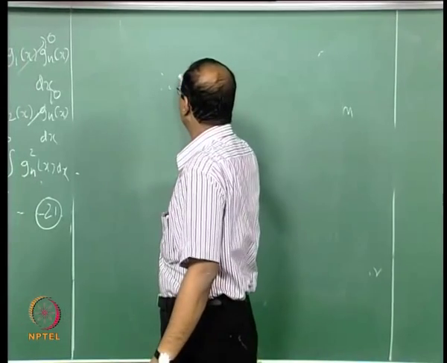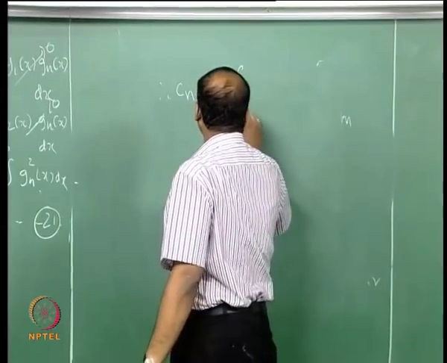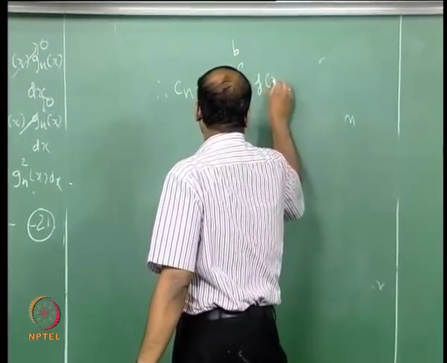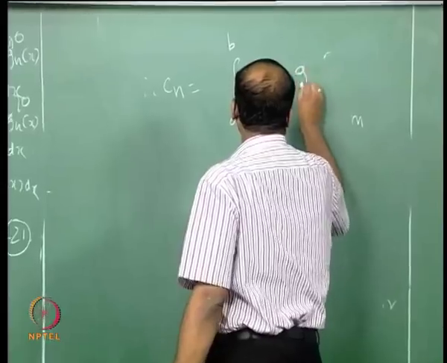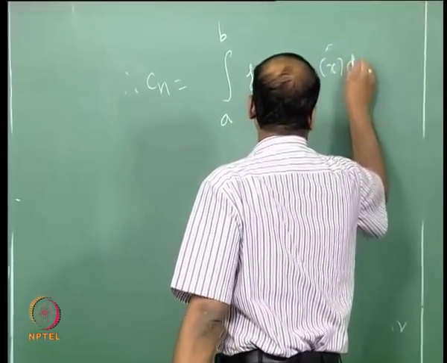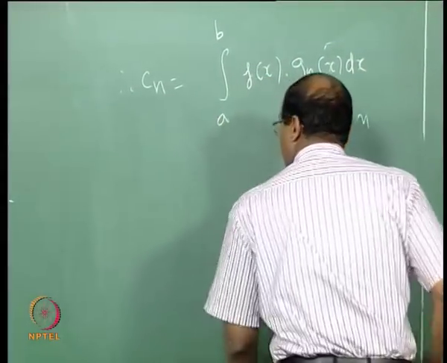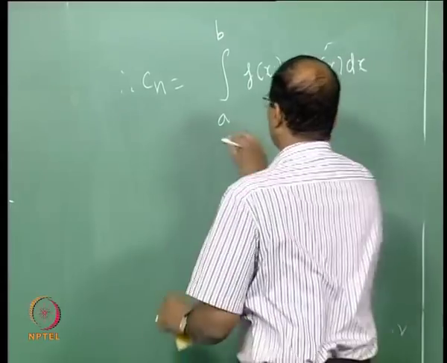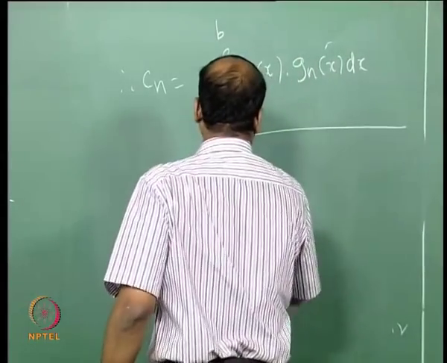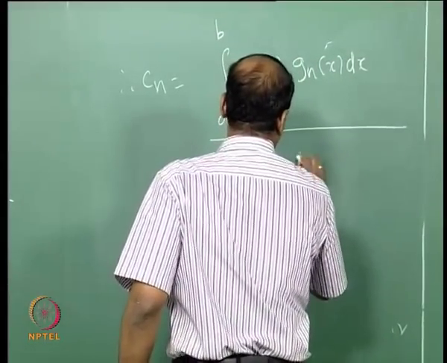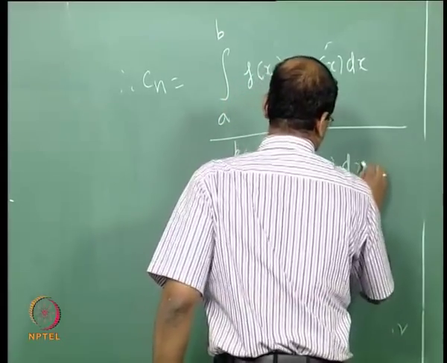Therefore, Cn is nothing but A to B. That is it.